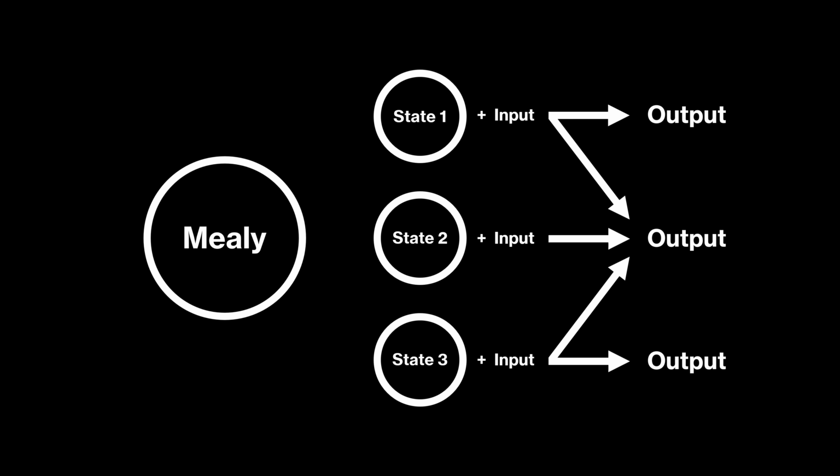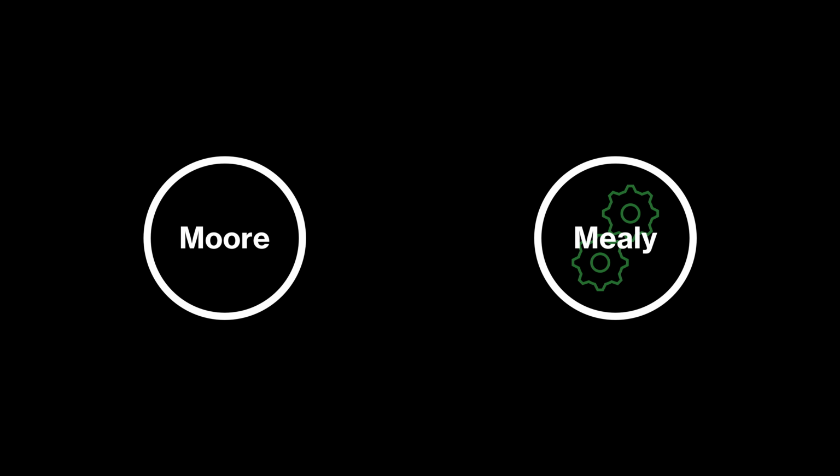Mealy machines can have outputs that change immediately in response to input changes, even between clock edges. This asynchronous behavior can introduce glitches and timing issues if not handled correctly. To avoid this, in this series, we'll generally stick to using either Moore machines or modified synchronous Mealy machines. For our debouncer, we'll be using a Moore machine.